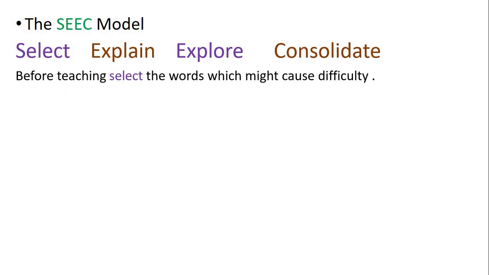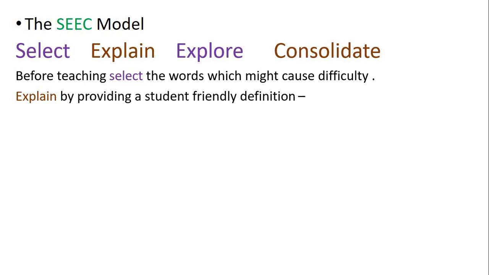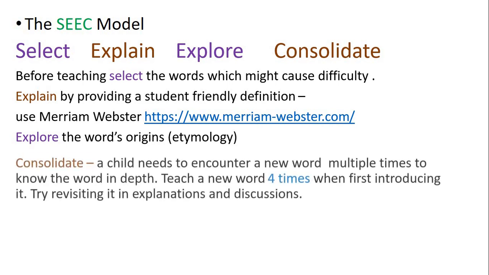So you're selecting the words that might be difficult, explaining them in a student-friendly way. You could just type in etymology of a word or go to the Merriam-Webster dictionary. You might want to look at the word's origins. You might just want to stick to morphology and the breakdown.